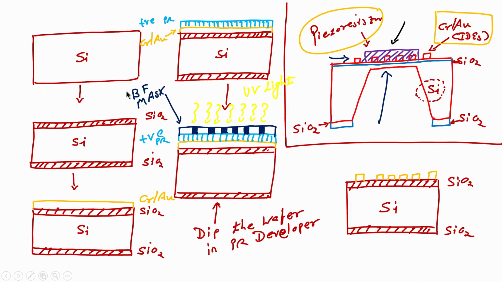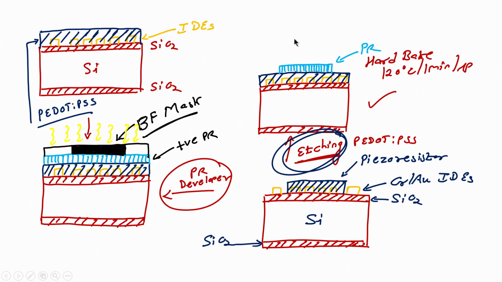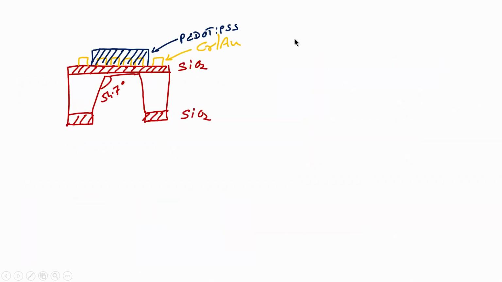We got this pattern. Understood? So, this is the beauty of wet etching. We are using wet etching to etch the silicon wafer on which there is piezoresistor and interdigital electrodes, and etching from the back side by removing silicon dioxide and dipping the wafer in wet etchant, which are KOH and TMAH. Alternatively, we can also go for dry etching.